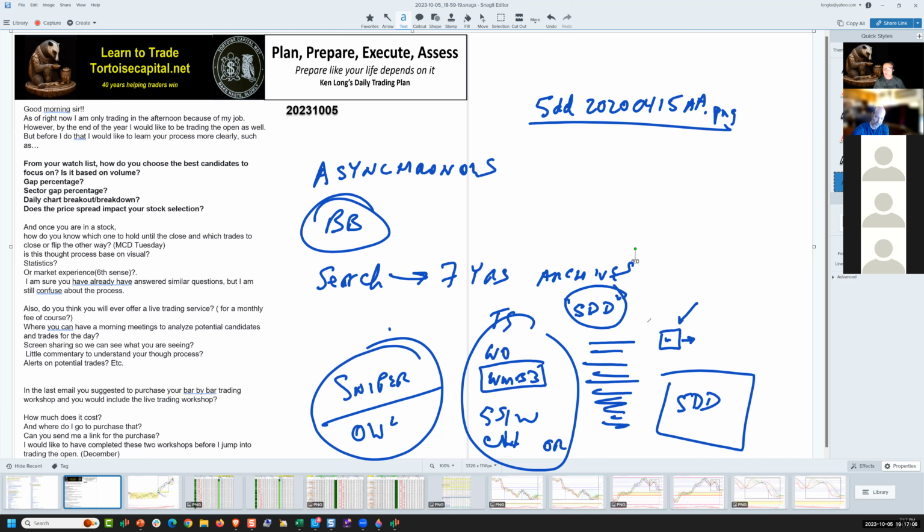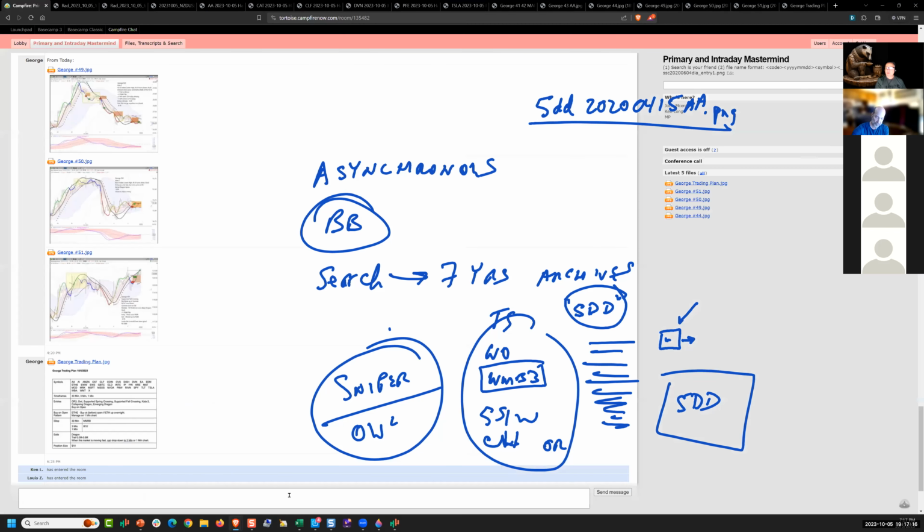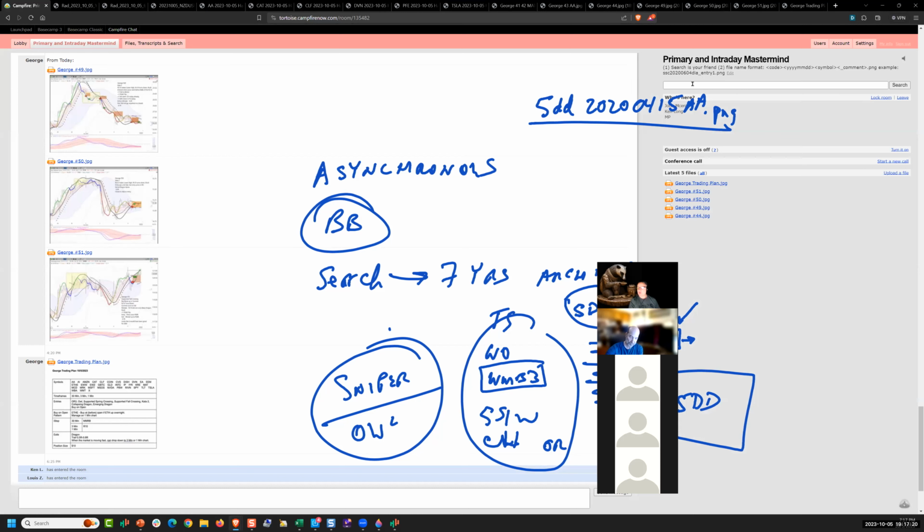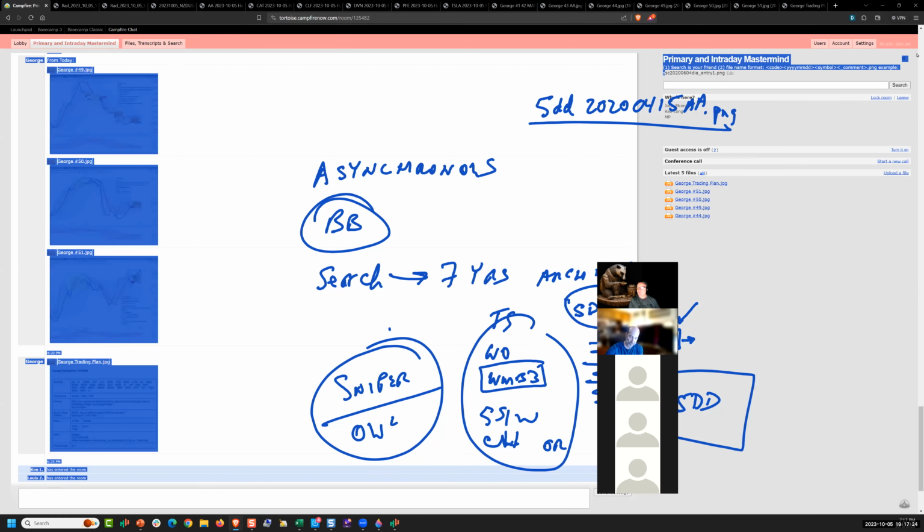That's the standard file nomenclature in Campfire. And you know that's the standard naming nomenclature in Campfire because when you go up here by the search button, I tell you that right here, and I say search is your friend.